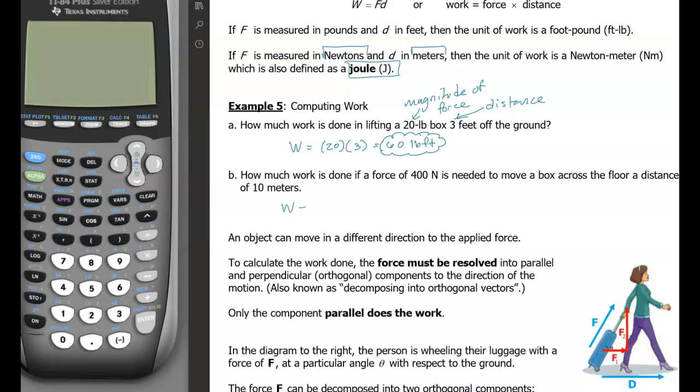What would we do to find this work? Multiply 400 times 10 and get 4,000, and what is our unit? Joules.